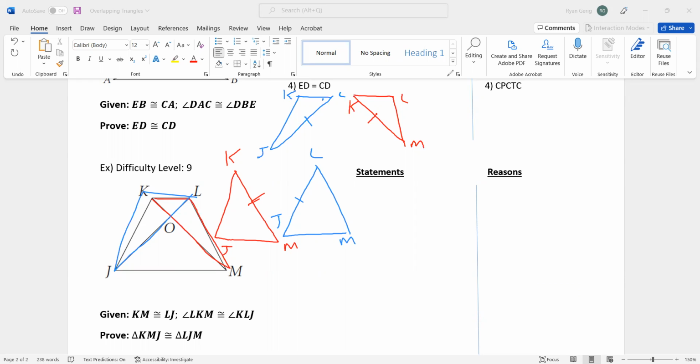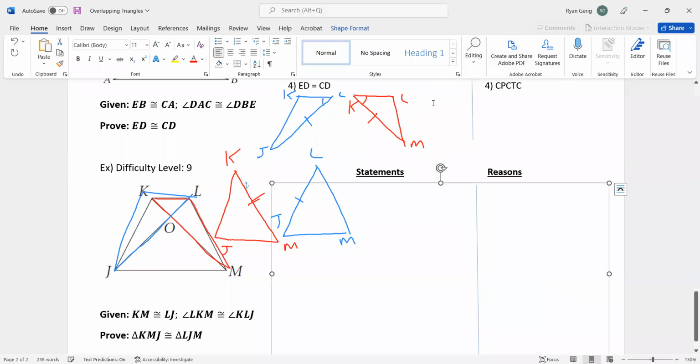So angle KLJ is this one. LKM is this one. All right. So let's jump into the proof part, actually typing it. So I'm going to say KM is equal to LJ and angle LKM is congruent to angle KLJ.